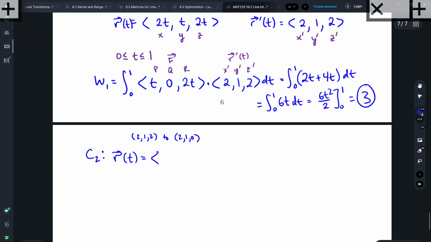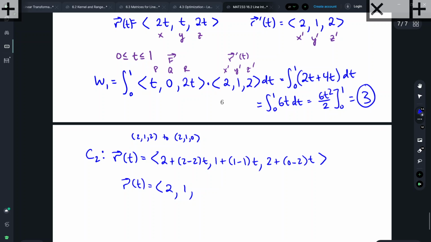2, 1, 0. Okay, so the x component would be 2 plus 2 minus 2 times t. The y component would be 1 plus 1 minus 1 times t. And then the z component would be 2 plus 0 minus 2 times t. Okay, so this simplifies to 2, comma, 1, comma, right, because this is just 0, this is just 0, and this is 2 minus 2t.